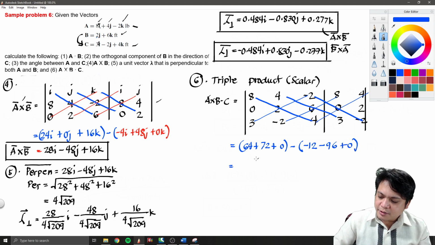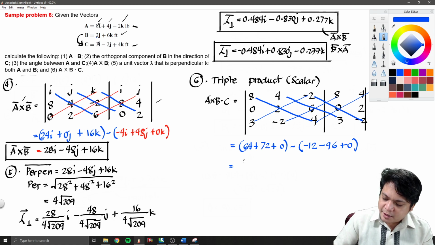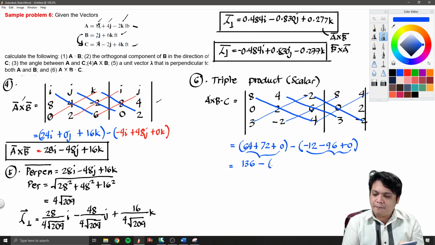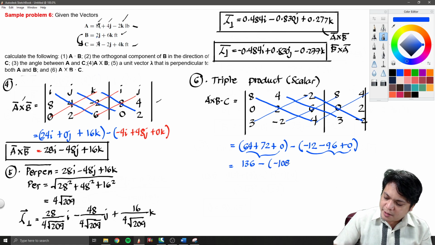So 64 plus 72 is 136 for this term. For the other term, negative 12 minus 96 is negative 108.